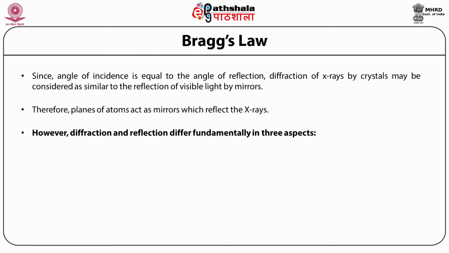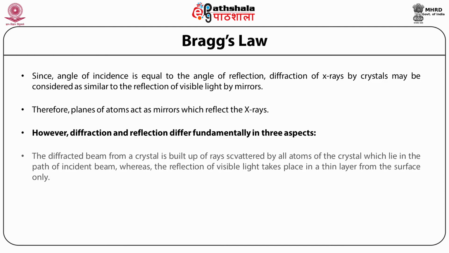However, diffraction and reflection differ fundamentally in three aspects. The diffracted beam from a crystal is built up of rays scattered by all atoms of the crystal which lie in the path of the incident beam, whereas the reflection of visible light takes place in a thin layer at the surface only.